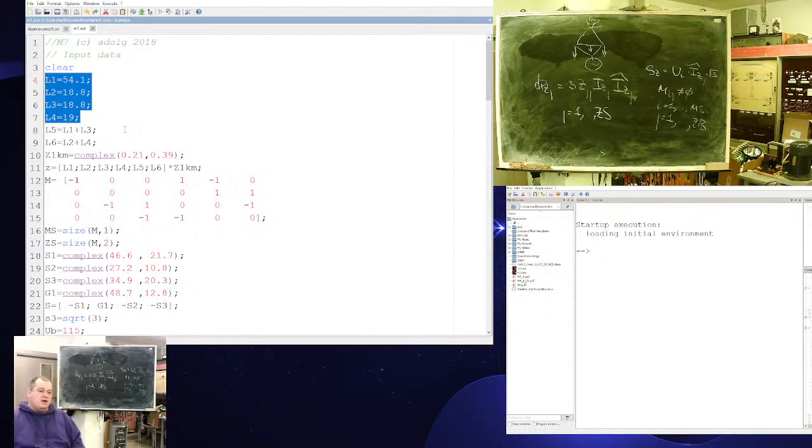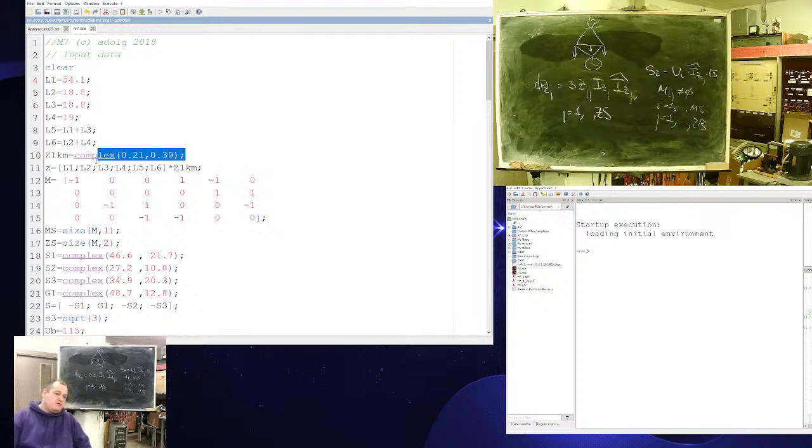6 lines. For simplicity, I assume that all lines are made from the same wire, and for 110 kilovolts, very common resistance is 0.2 active ohm per kilometer and 0.4 reactive per kilometer.